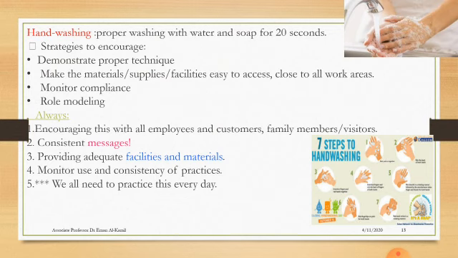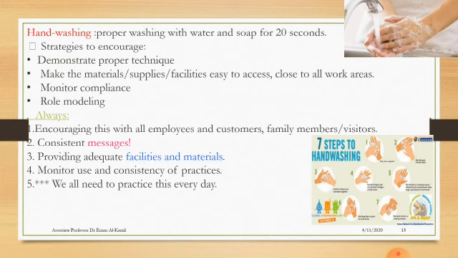This is an important aspect in the prevention of many infections, not only the bloodborne pathogens. So always have materials such as soap or hand washing gel present for the people who are going to wash their hands. Make the materials easily supplied and maintained, and monitor compliance.